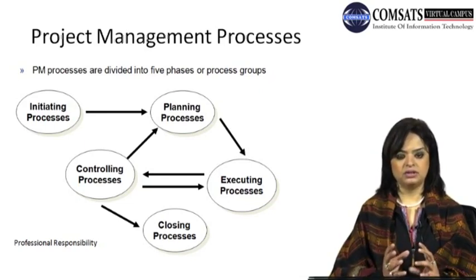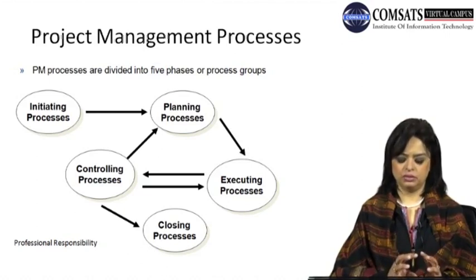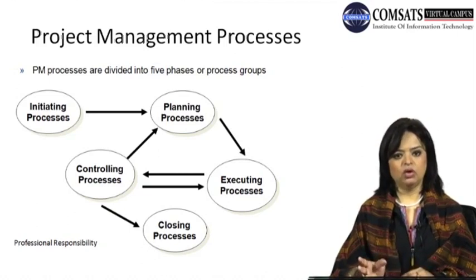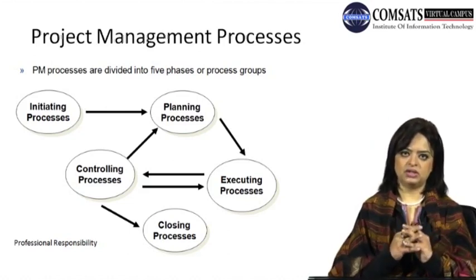Within the planning process, the project manager spends the most time thinking and evaluating and estimating with a little bit more resources. They move on to the execution process, which has the most resources. Controlling and execution go hand in hand.